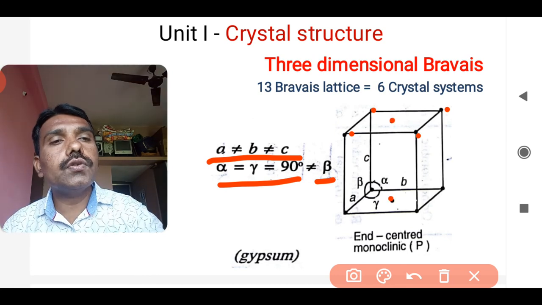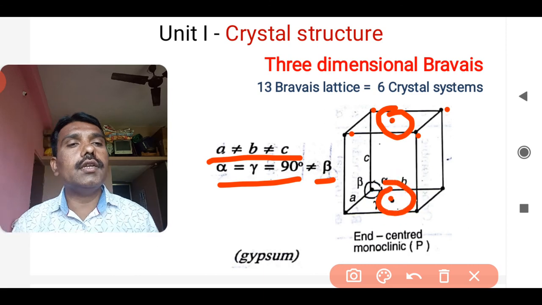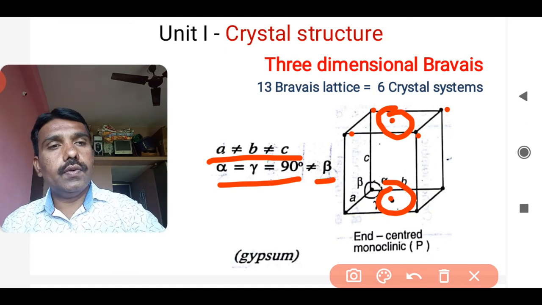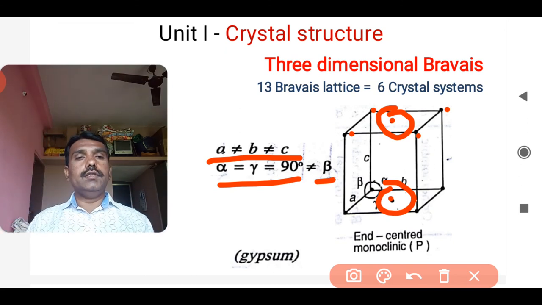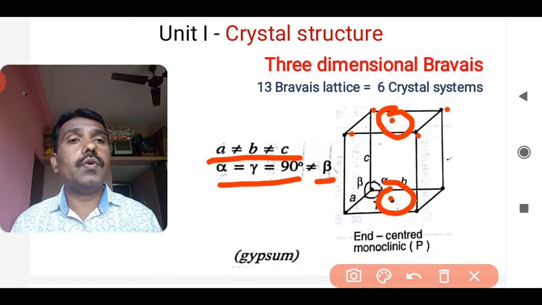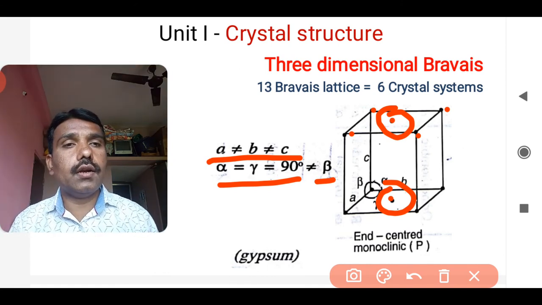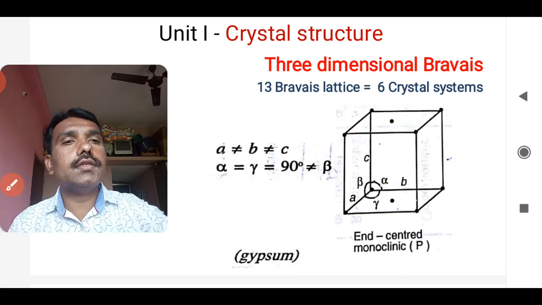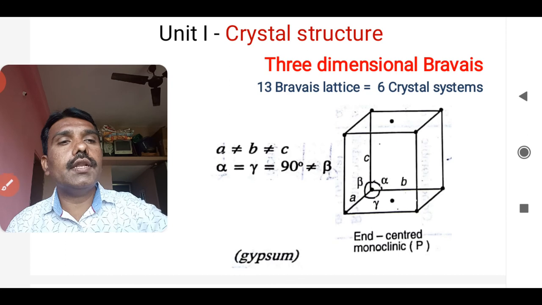That's why there is an additional point here and here, and that is nothing but end-centered monoclinic, which is noted with the letter C. Gypsum is an example for such a Bravais lattice. So this is another lattice of the sixth crystal system, the 13th Bravais lattice.